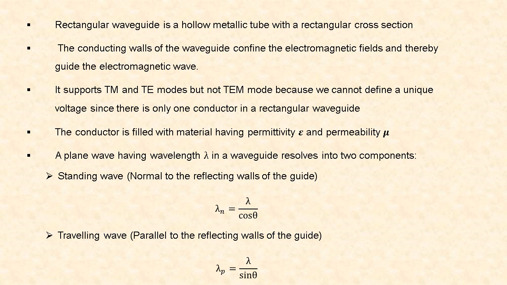A rectangular waveguide is a hollow metallic tube with rectangular cross-section. The conducting walls of this waveguide confine the electromagnetic fields and thereby they guide the electromagnetic waves.